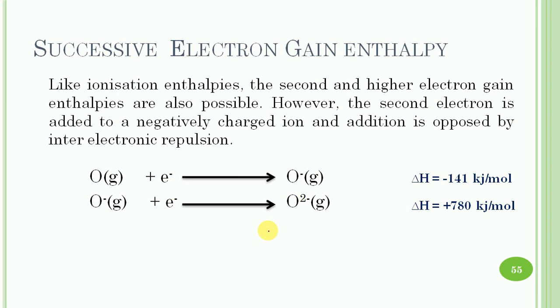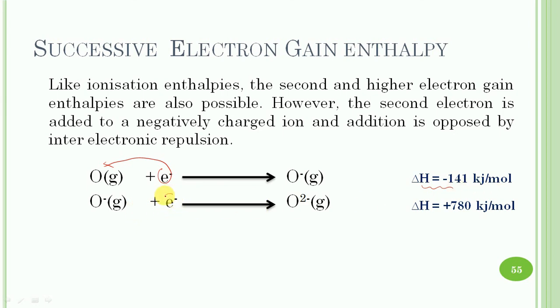Successive electron gain enthalpy. Like ionization enthalpy, second and higher electron gain enthalpies are also possible. However, the second electron is added to a negatively charged ion, and the addition is opposed by inter-electronic or Coulombic repulsion. Let us take the case of oxygen. If we add an electron to it, it changes into O minus, and energy is released, equal to minus 141 kilojoules per mole.